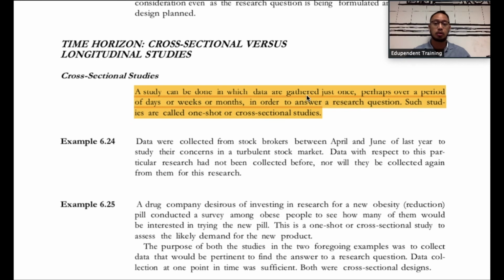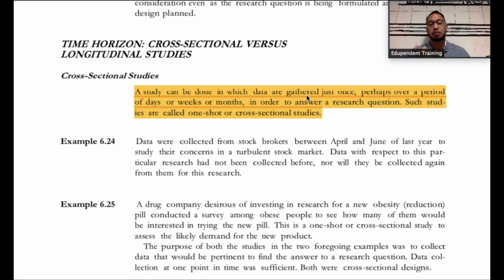In cross-sectional study, you are not going to conduct research regarding the years 2018, 2019, and then 2020. So you are going to only examine the influence of the X variable toward the dependent variable. So that will be the discussion regarding the purpose of the study.